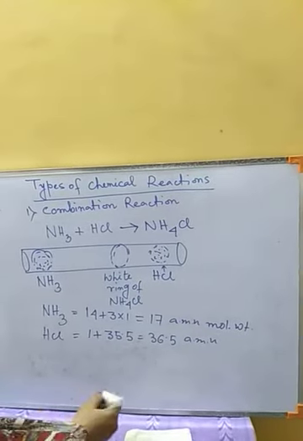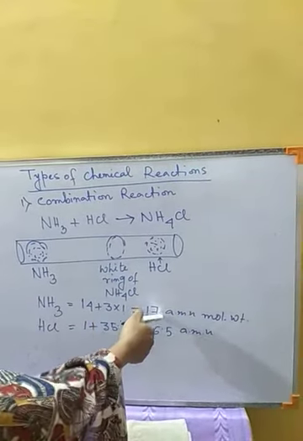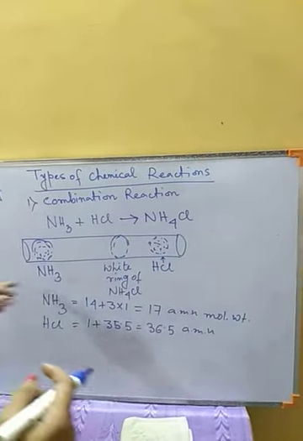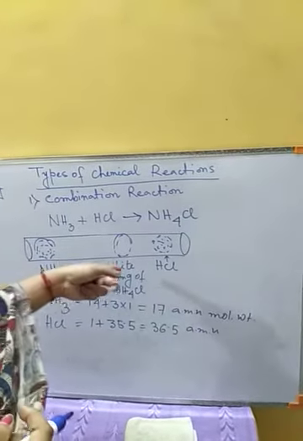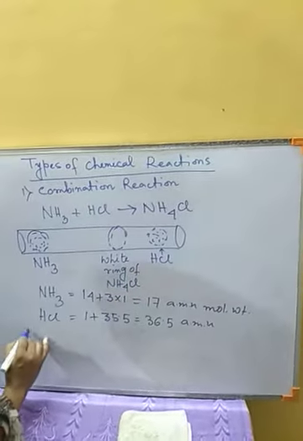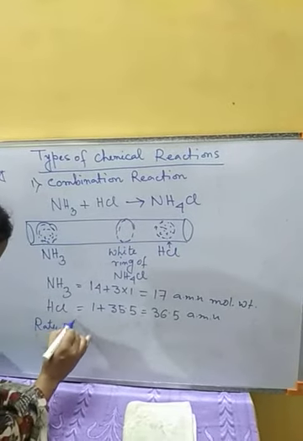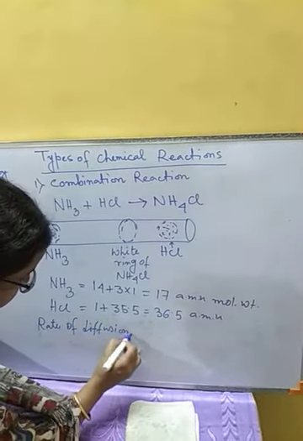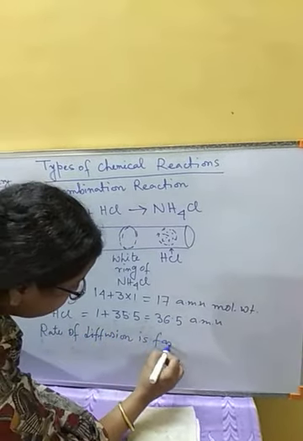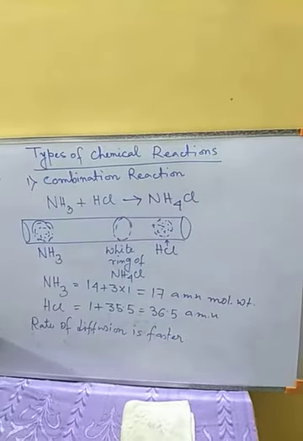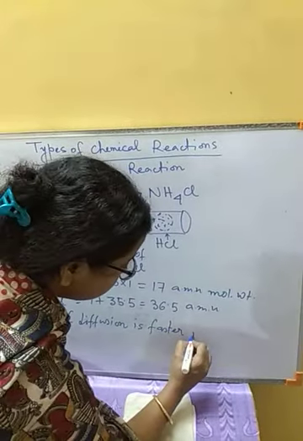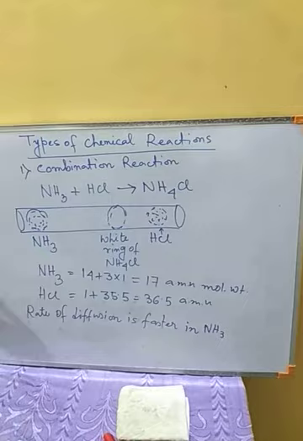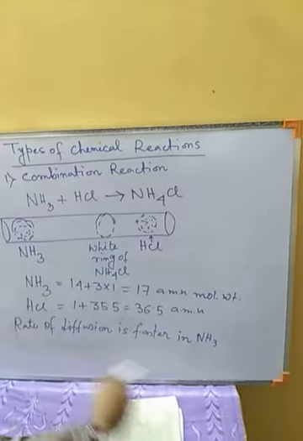Now here we can see, as ammonia is lighter than hydrogen chloride, the rate of diffusion of ammonia will be faster, more than HCl.